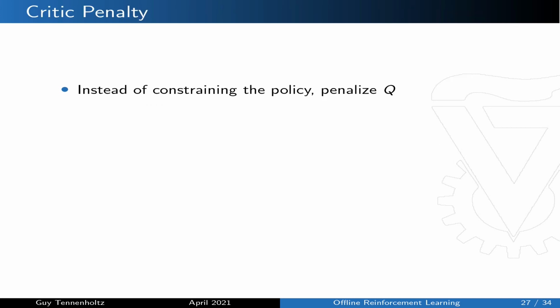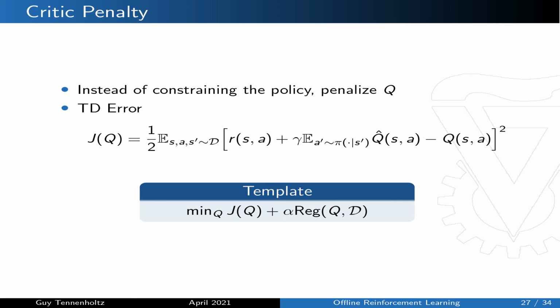Other ways to be pessimistic and constrain the policy is by penalizing the Q function, the critic. Instead of directly penalizing the policy, we can penalize the Q function. If we look at the TD error, which is R plus gamma times the expected value of the next state, minus our Q function, then we want to find the Q function that would minimize this TD error.